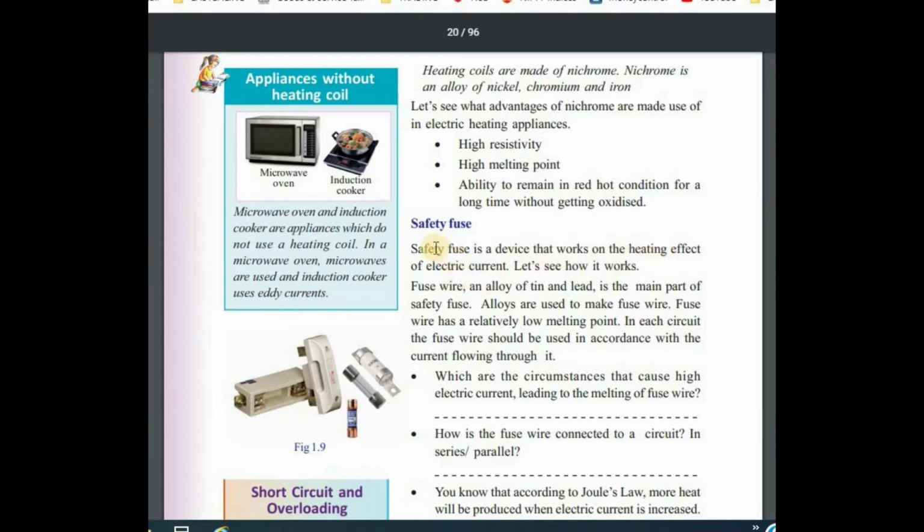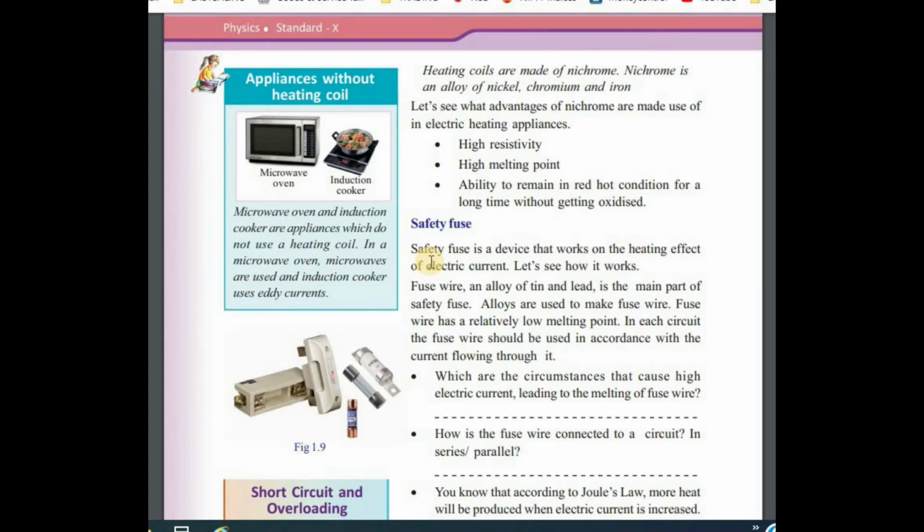What it does is protect our electrical devices from overflow of current. If an excess amount of current passes through any electrical circuit, the wire gets heated and it will burn, and the appliances will be saved from the overflow of current.